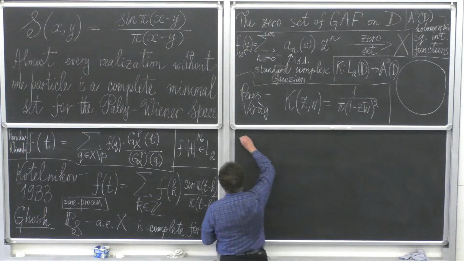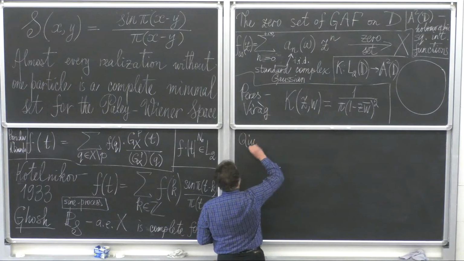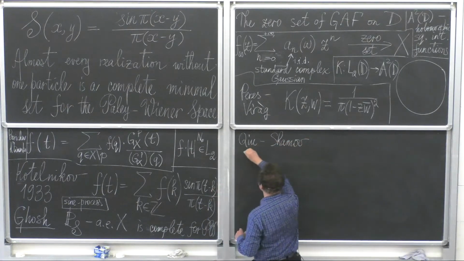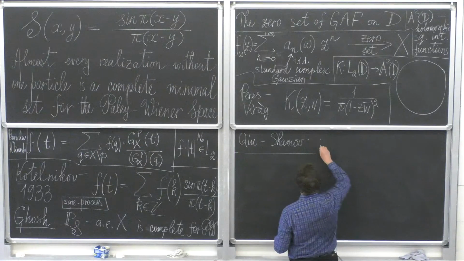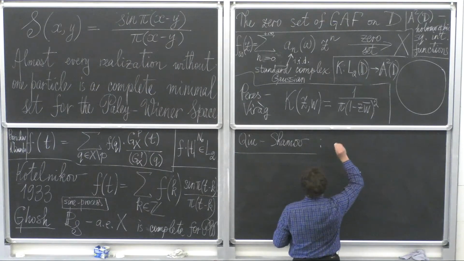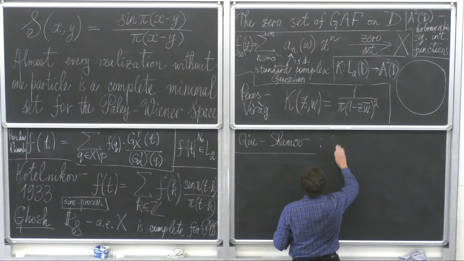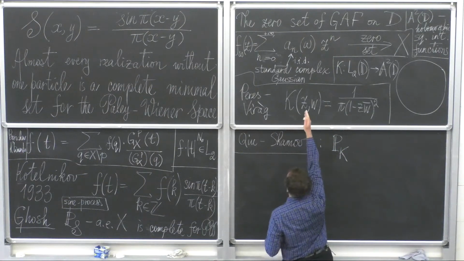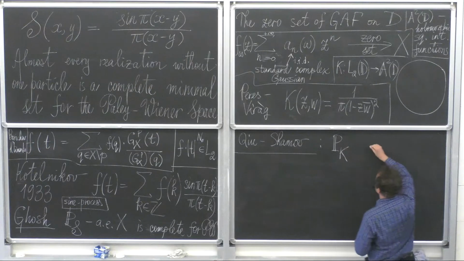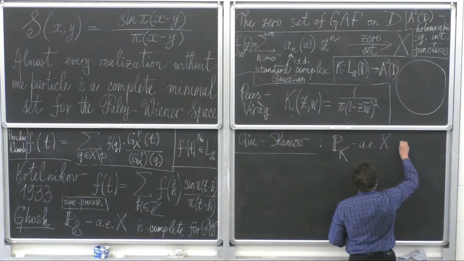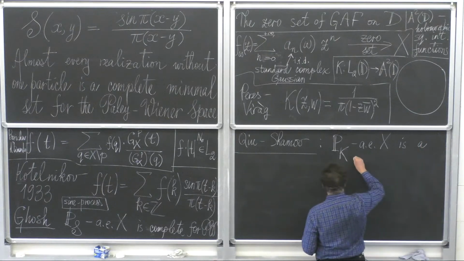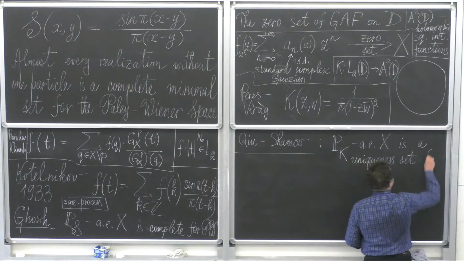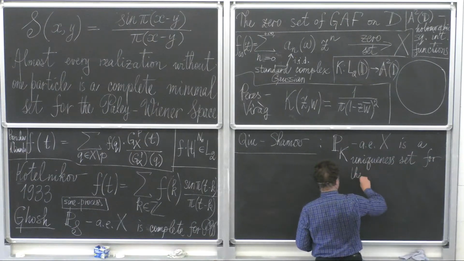And this is a result in joint work with Yan Xixiu and Alexander Shamov, both in Marseille, but at different moments of time. So in fact, we prove that, let me write like this, almost every X with respect to the Bergmann process, in other words, corresponding to almost every Gaussian analytic function, almost every X is a uniqueness set for the Bergmann space.